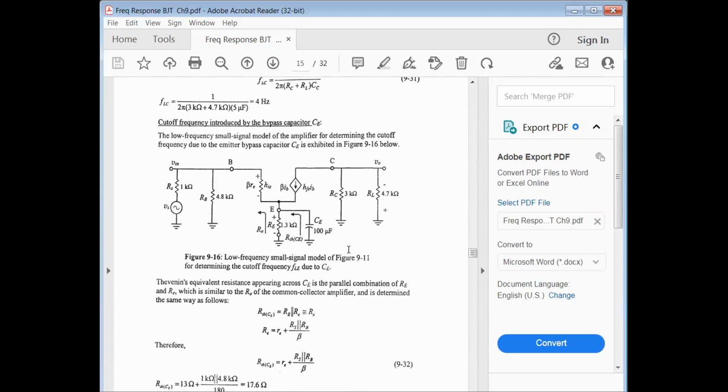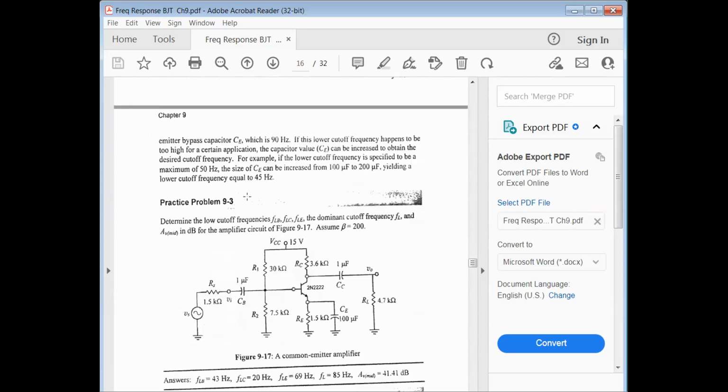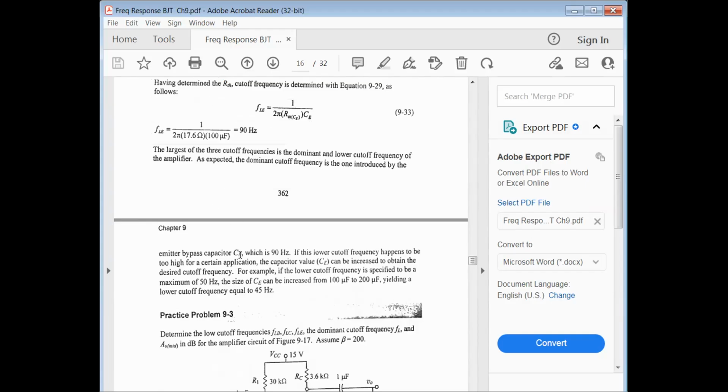Then you calculate your F sub L due to your C sub E capacitor, and in this case you get 90 hertz. So F sub L is the highest of those 3 low frequency poles, which in this case is 90 hertz.